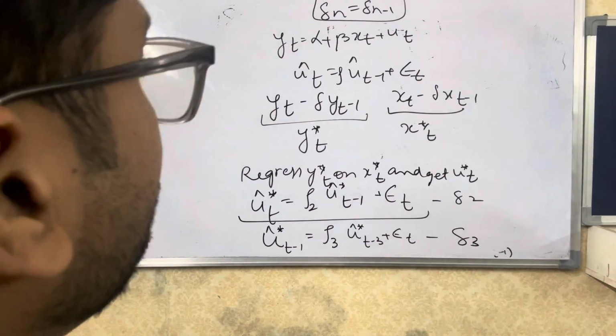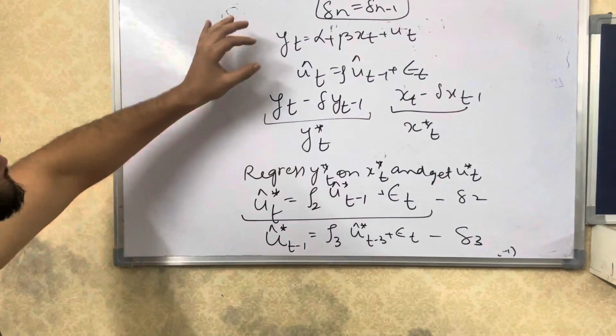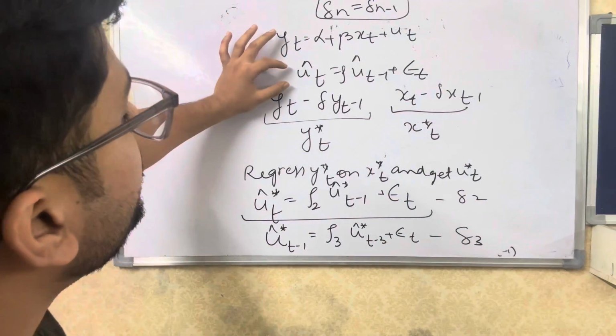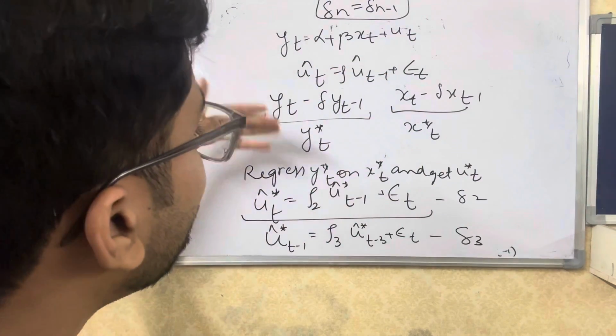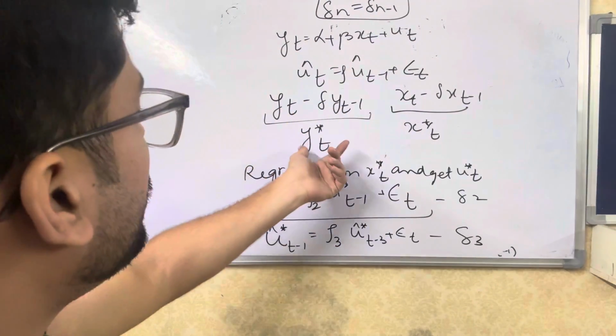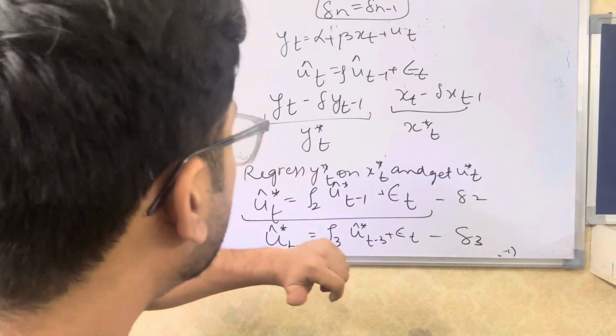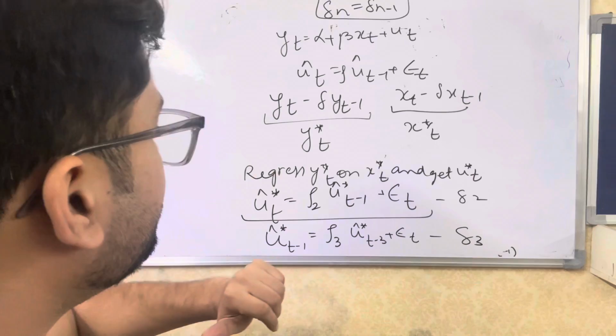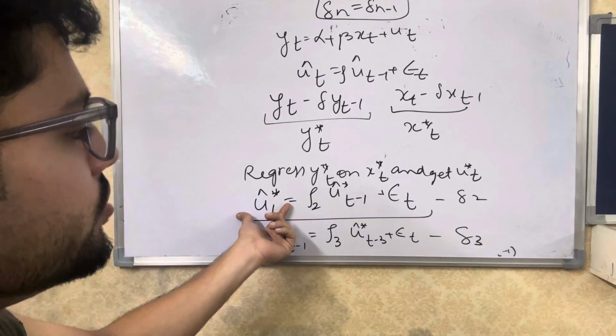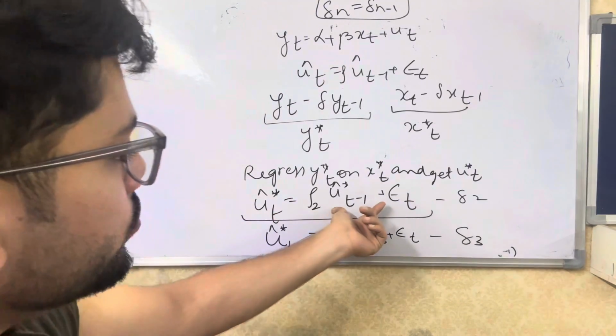So again, इसमें किया क्या हमने, हमारे पास एक मॉडल है. You know that this error term is correlated with the previous error term. You do this differencing by rho. Let's say get y star t and x star t. You then regress y star t on x star t and get the value of u star t. You regress u star t on u star t minus 1.